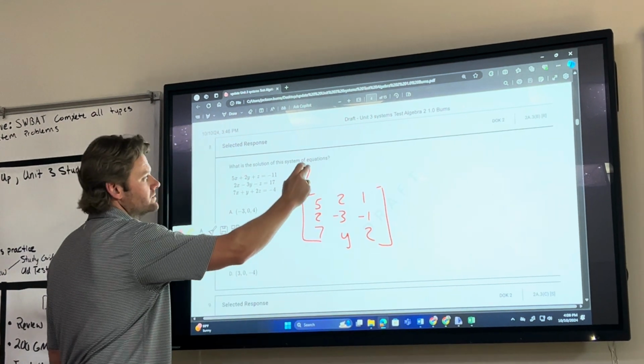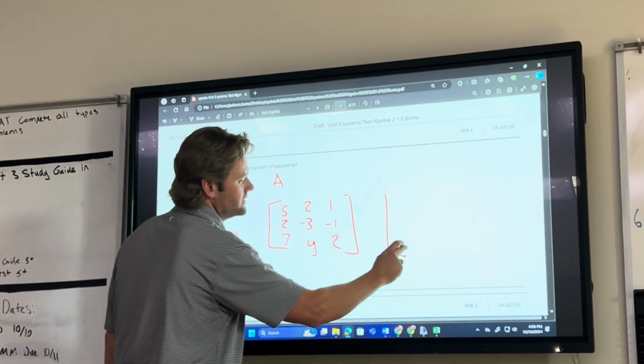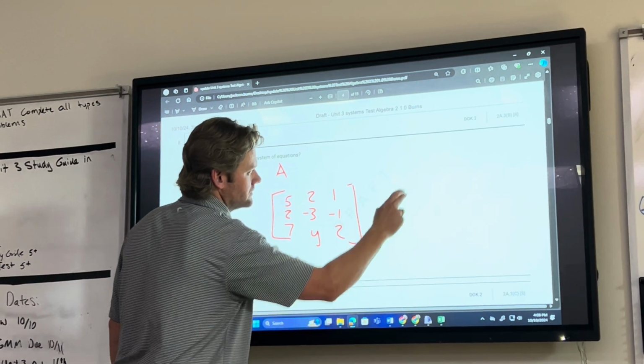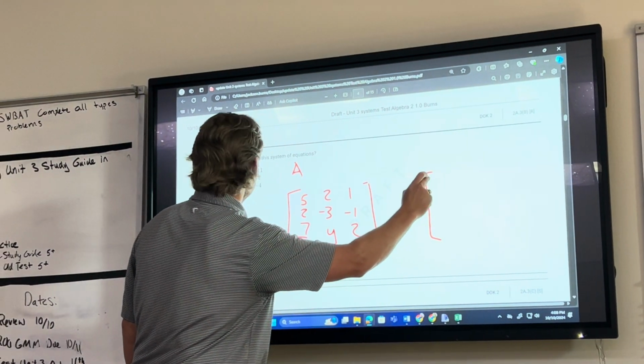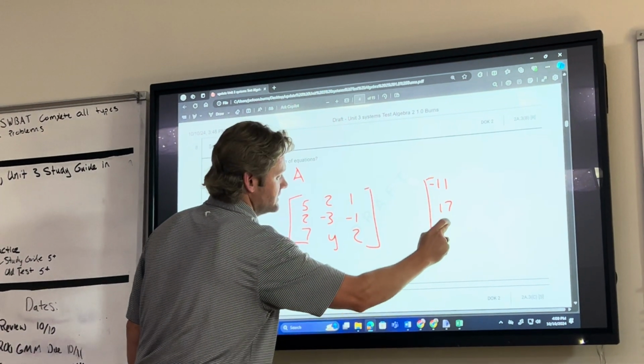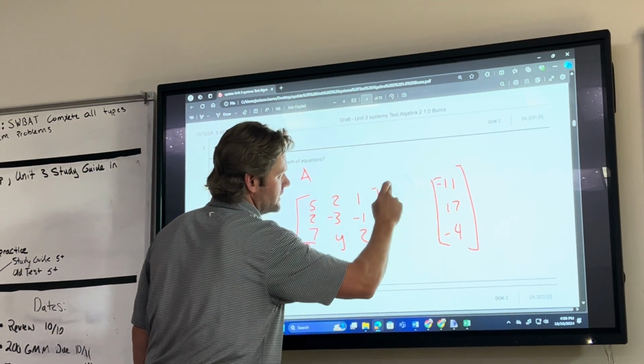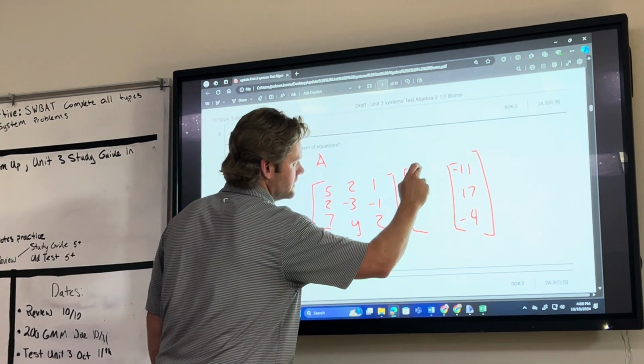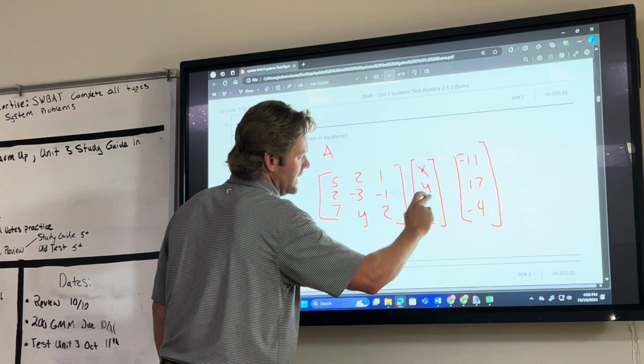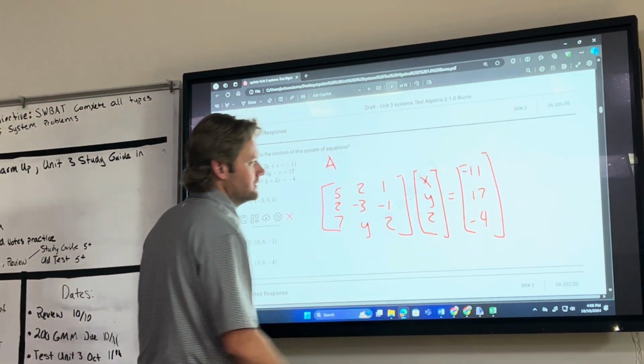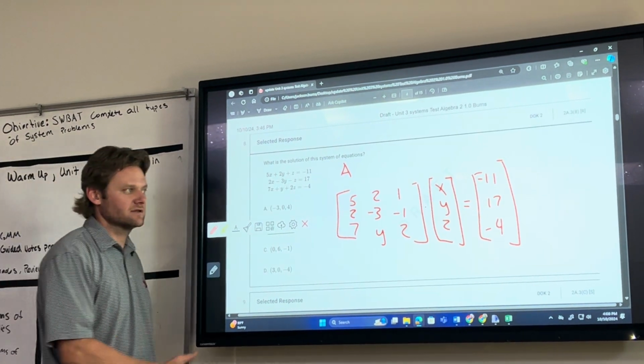There's your A matrix. Your B matrix would be -11, 17, and -4. You'd have this multiplied by your X, Y, and Z. So that's what it would look like.